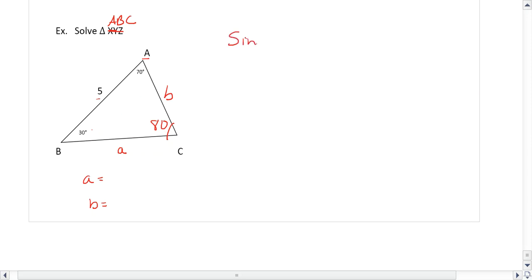So I have sine angle A, which I guess I should just write sine of 70. So sine of 70 over little a, I do not know, equals sine of angle C, sine of 80 over little c, which is 5. So I plugged in the 3 that I know, and we can use the cross multiply strategy.